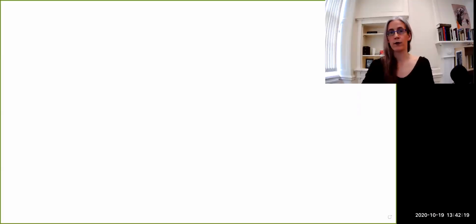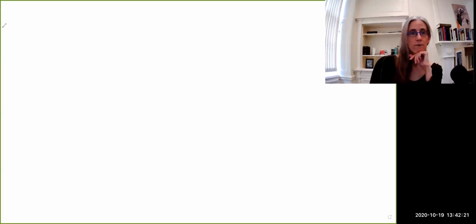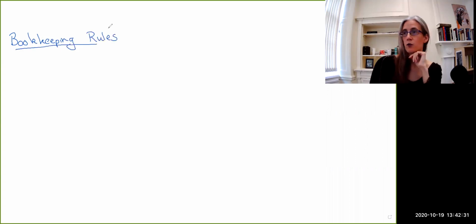Now they are best defined if I can draw them on the board. So here we go. We've got our whiteboard. The first bookkeeping rule that we have is the premise rule.